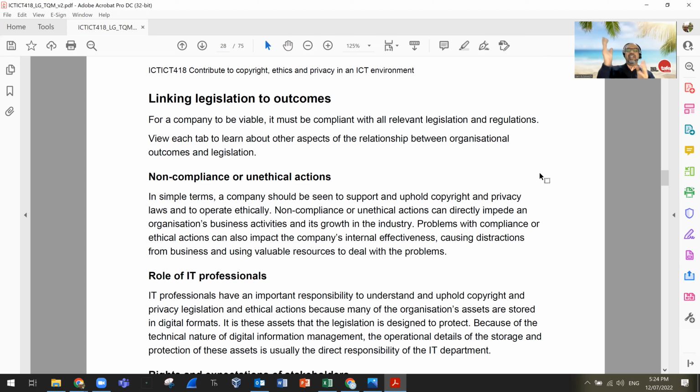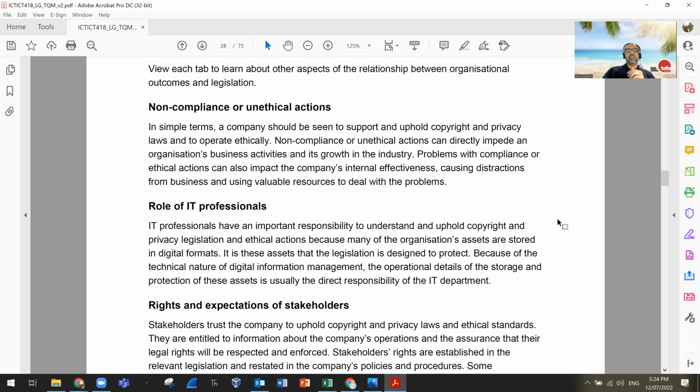So for any unethical action, there should be some actions in the policy, some disciplinary actions, some steps to be taken. It depends, of course, on how bad I am, or what I really did.